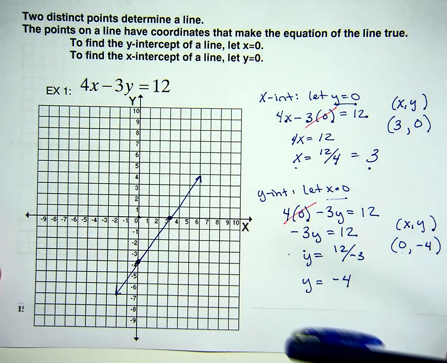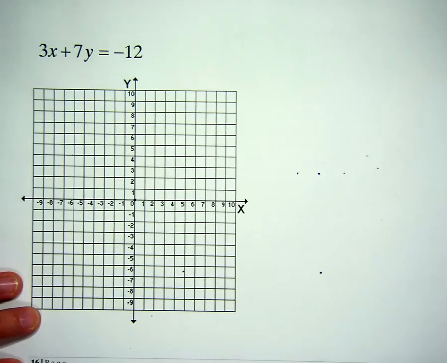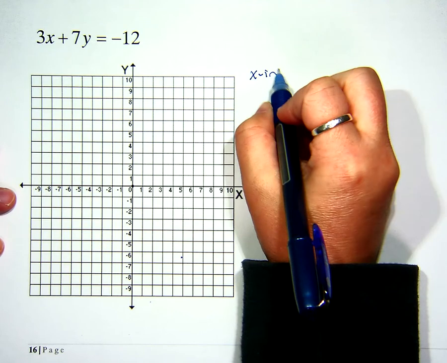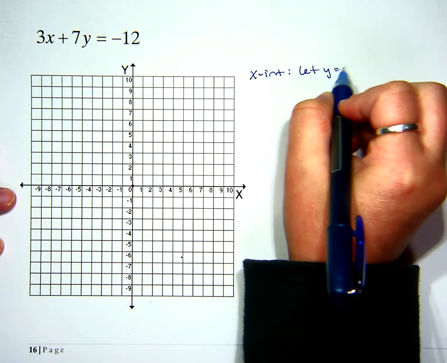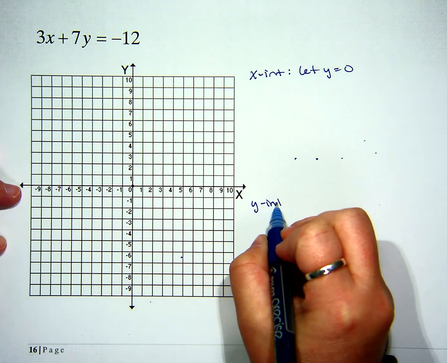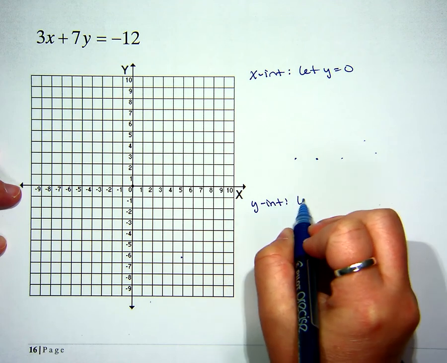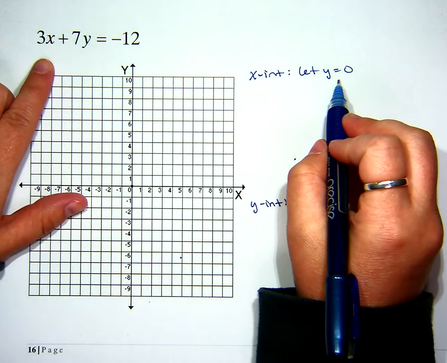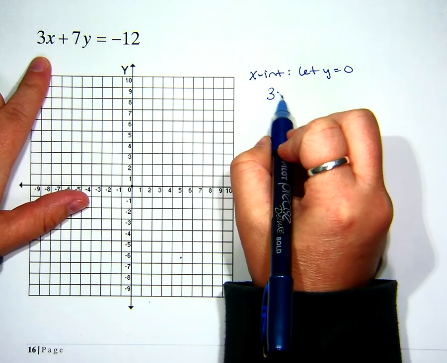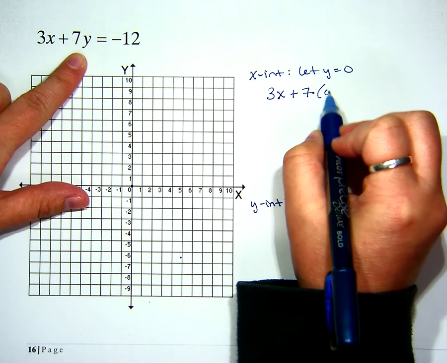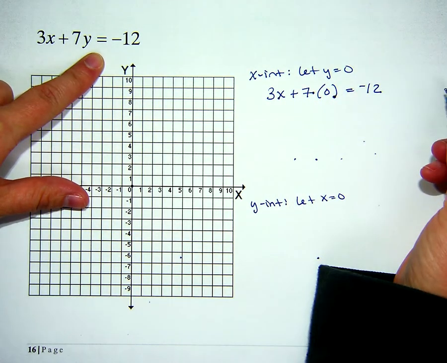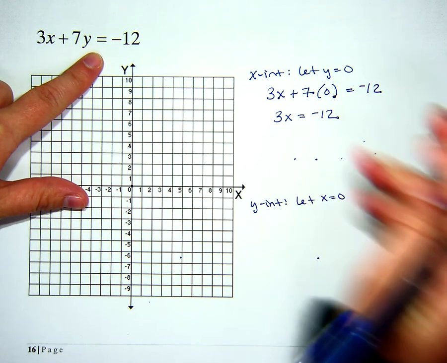Let's look at another one. We again want to find our x-intercept, letting y be 0, and our y-intercept, letting x be 0. For our x-intercept, I'm going to let y be 0. So I have 3 times x plus 7 times 0 equals negative 12. 3x equals negative 12.